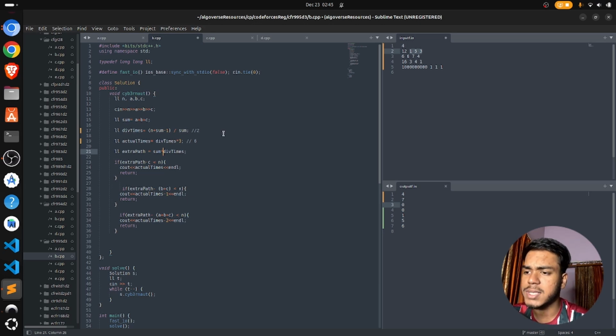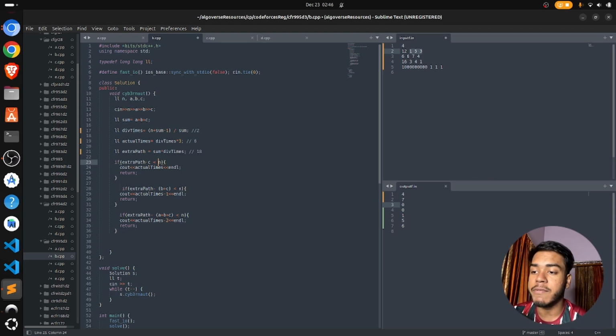Sum is a plus b plus c, which is 9, and div times is 2. So this is the total path, I would say, which you have covered with these extra things: 18.